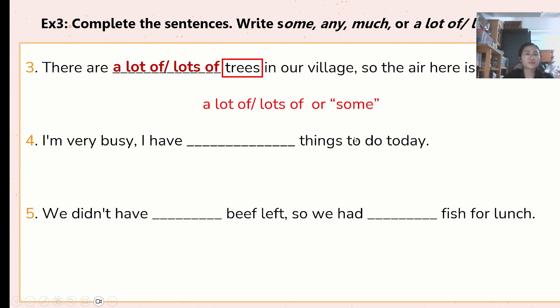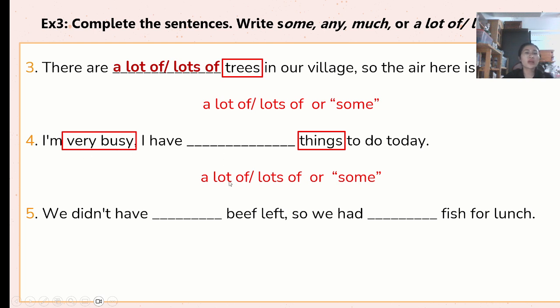Number 4, things is a plural noun. So we can use a lot of, lots of, or some, but in number 4, you can see "very busy". Very busy means we have a lot of things to do today. So the answer is a lot of.